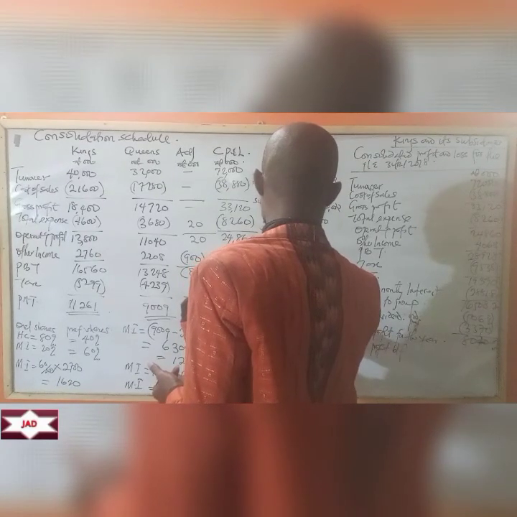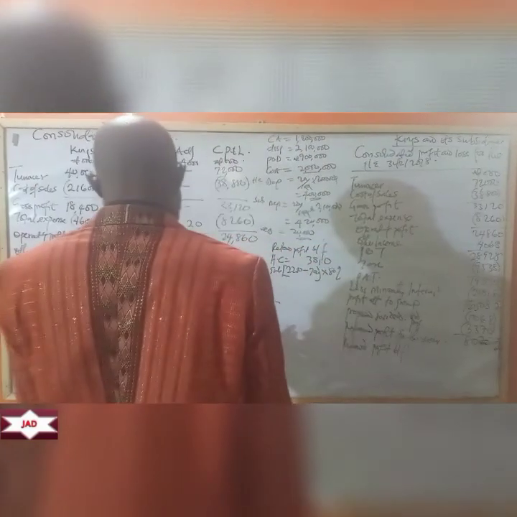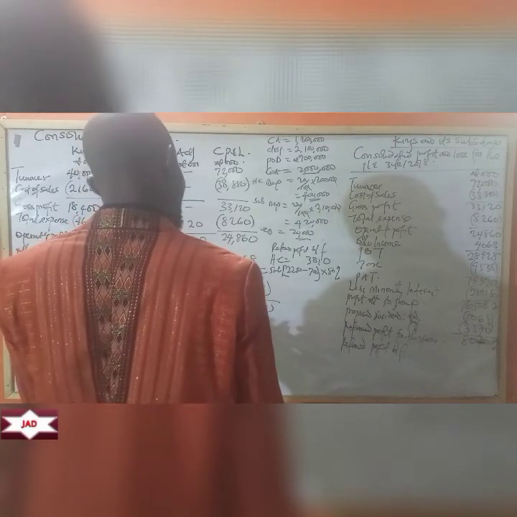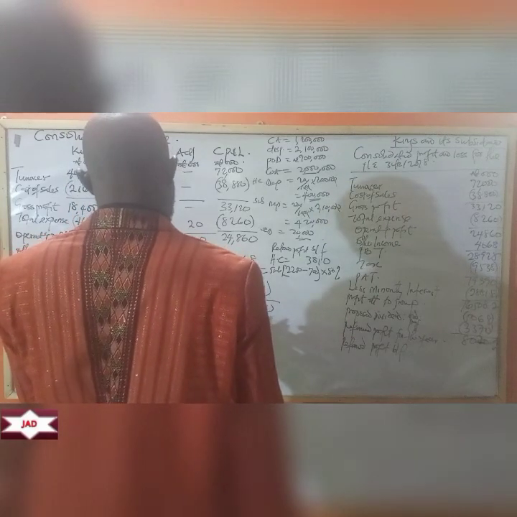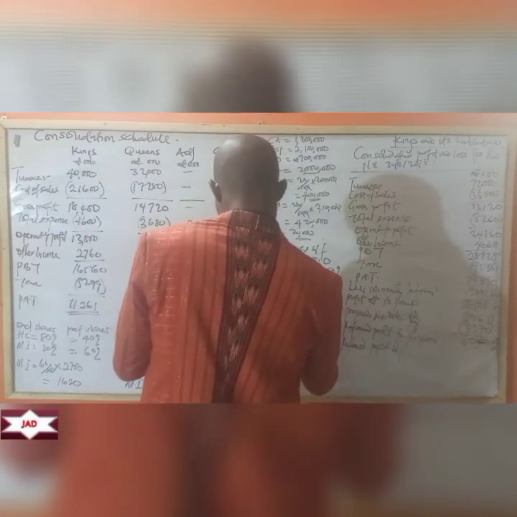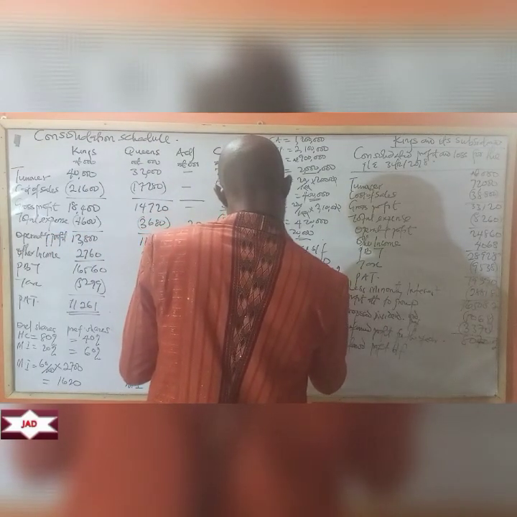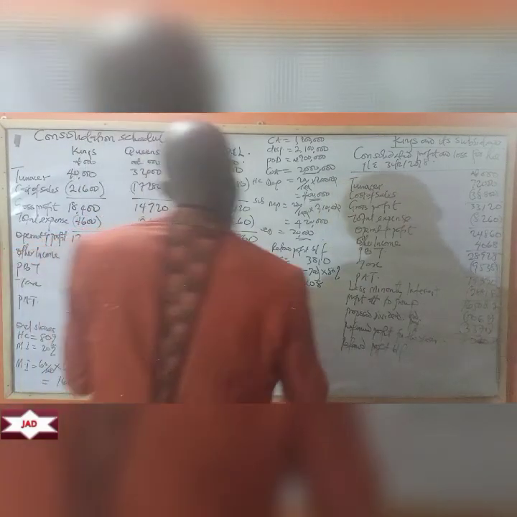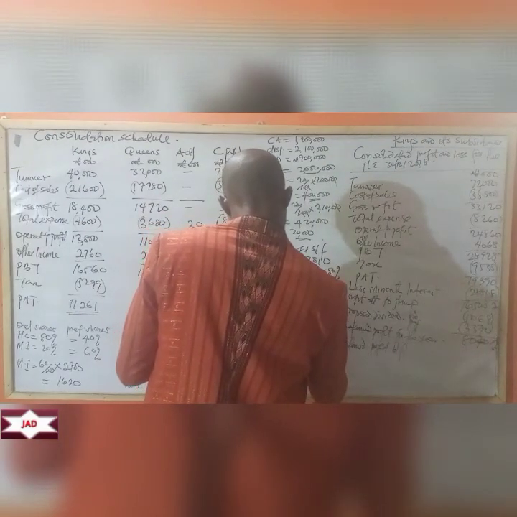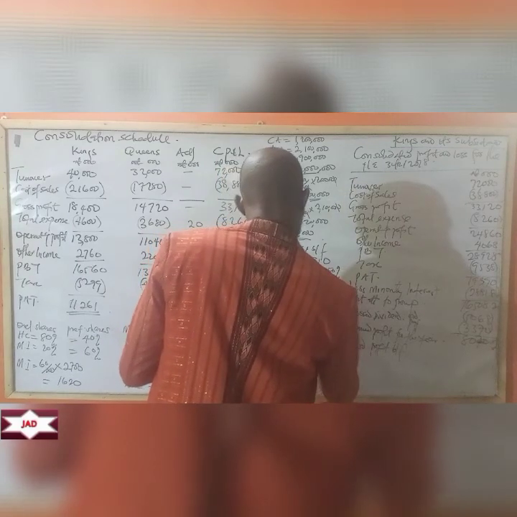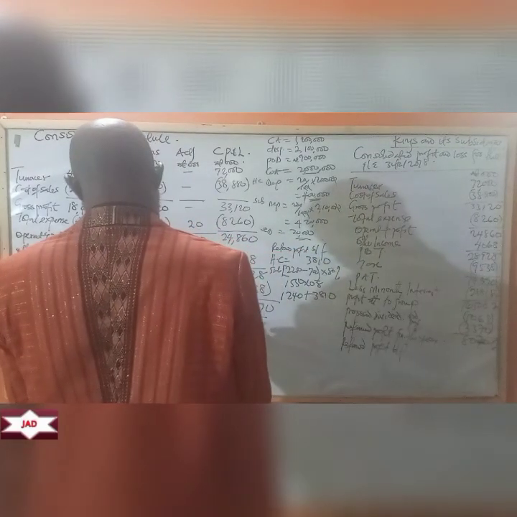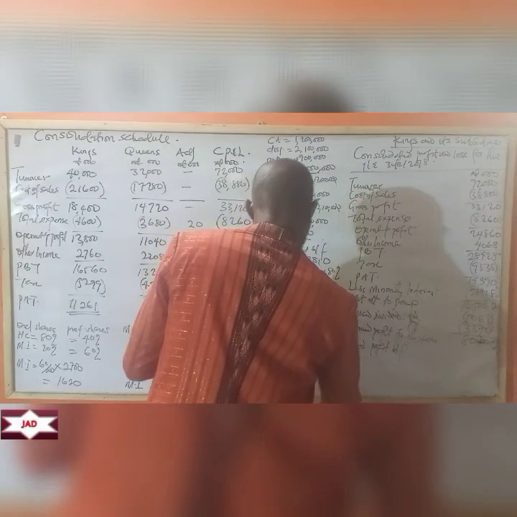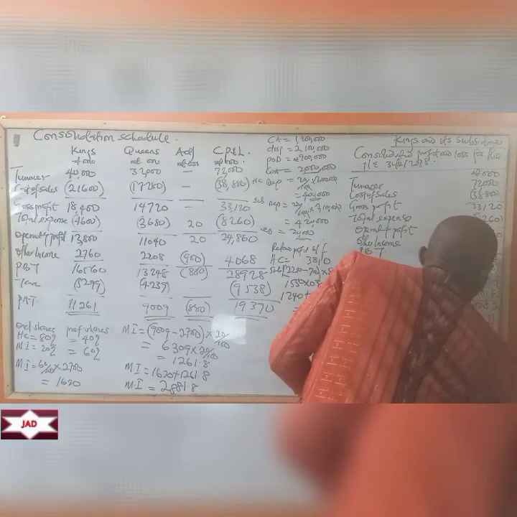So that would be 2,250 minus 700 as 1,550 times 0.8. That's 1,240 plus 3,810. So that's 5,050.